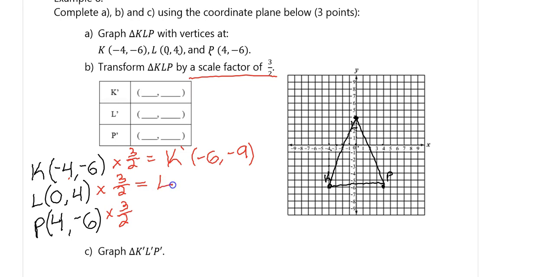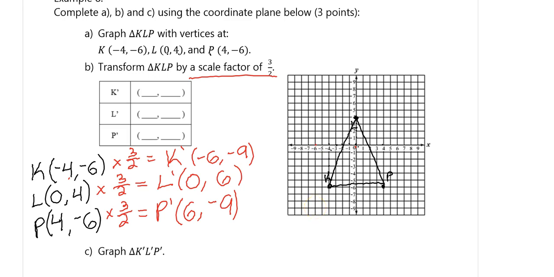0 for L prime. 0 times 3 halves is 0. 4 times 3 halves is 6. 4 for P prime. 4 times 3 halves is 6. Negative 6 times 3 halves is negative 9. So, graphing these points, I have negative 6, negative 9.